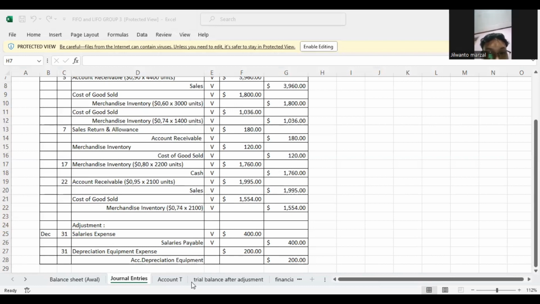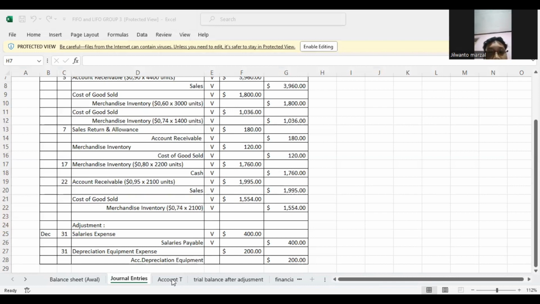In adjustment, they say accrue salaries payable $400. So the journal will be salaries expense in debit $400, and then salaries payable in credit $400, because we already incurred it but we haven't paid it.